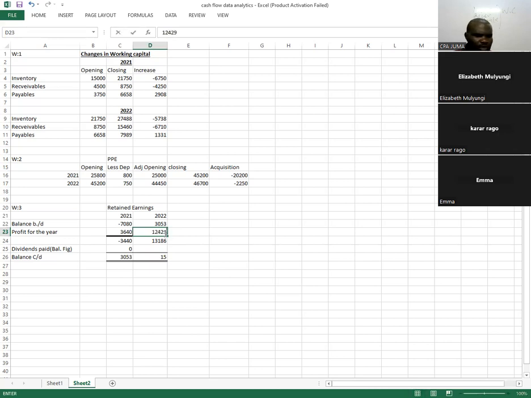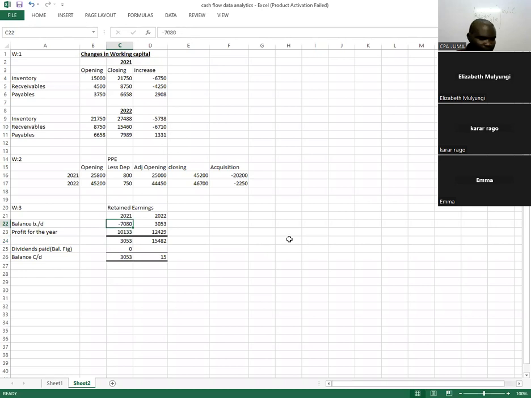Check well. Even for 2021, the profit I captured for the year was for 2020. Check 2021. I captured the wrong profit. In 2021, the profit for the year was 10,133. So it came to 3053.